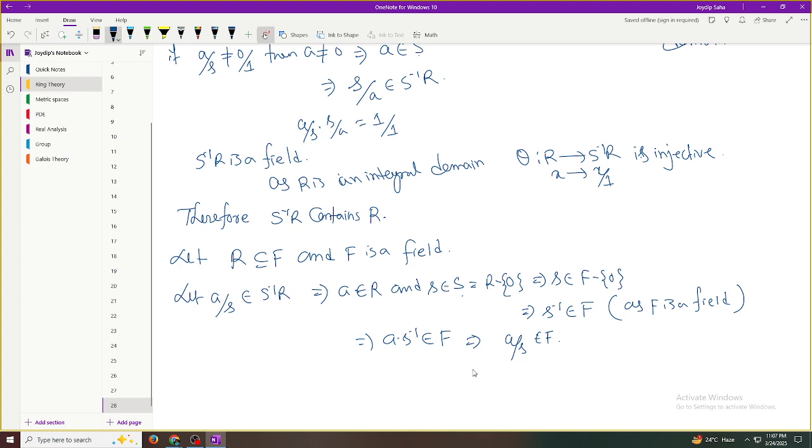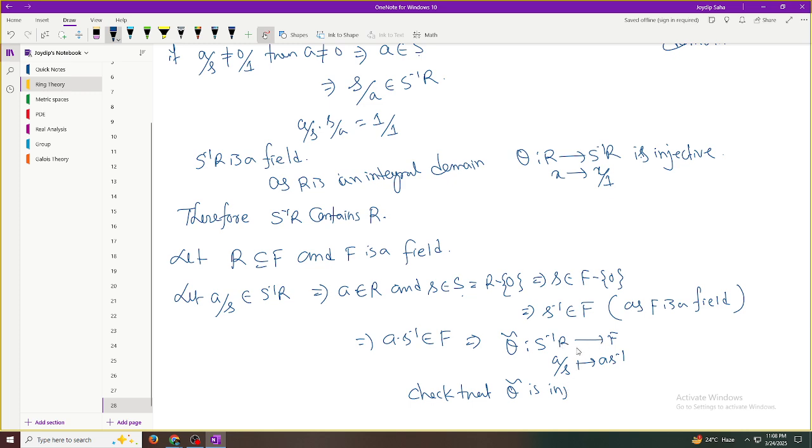Okay. More rigorously I should write theta tilde from S inverse R to F, a by s goes to a s inverse. Check that theta tilde is injective. Why injective? Tell me.